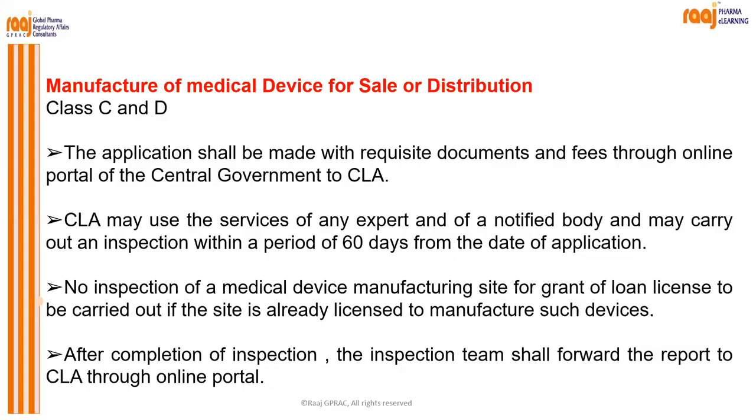No inspection of a medical device manufacturing site for the grant of a license is to be carried out if the site is already licensed to manufacture such devices. And after completion of inspection, the inspection team shall forward the report to the CLA through the online portal.